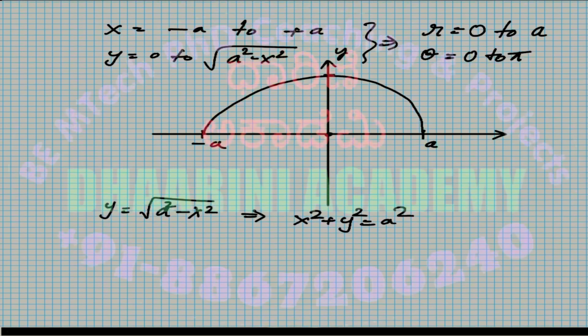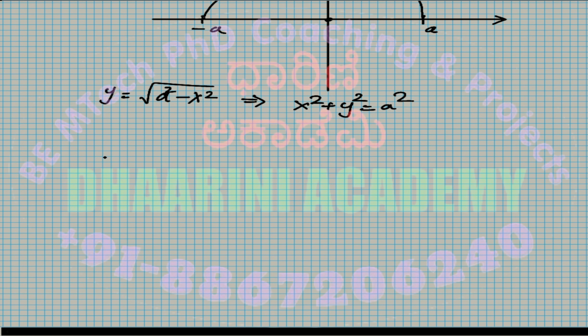Let's substitute. So I is equal to the integral where theta varies from 0 to pi, and the radius varies from 0 to a. I think this becomes a very simple problem because root of x square plus y square is nothing but r, right?